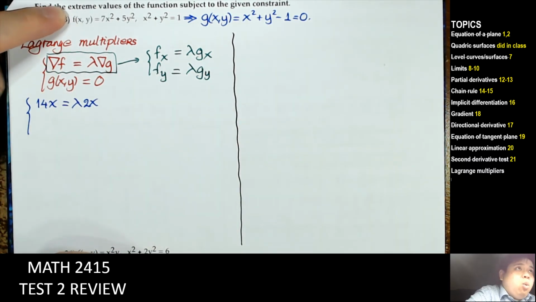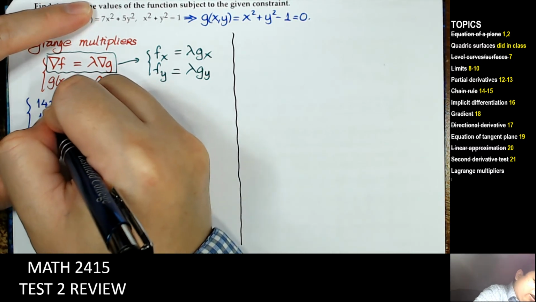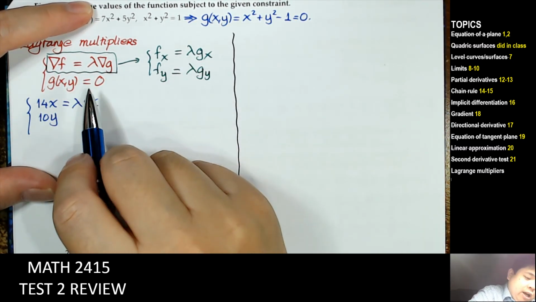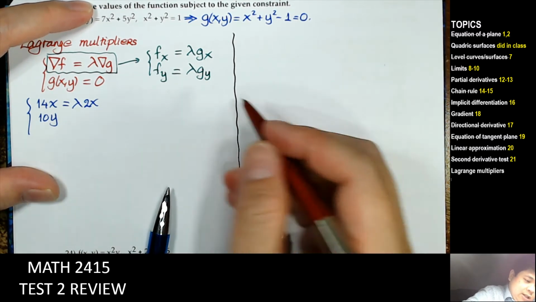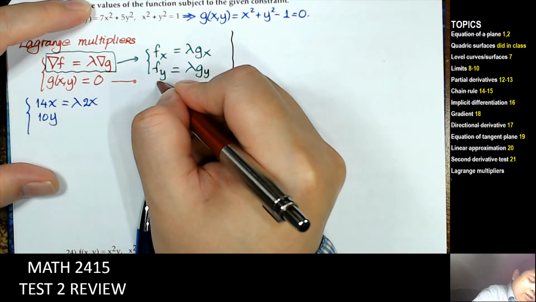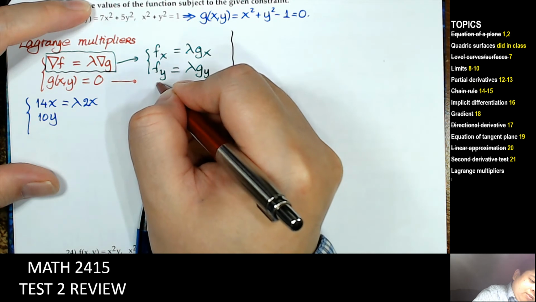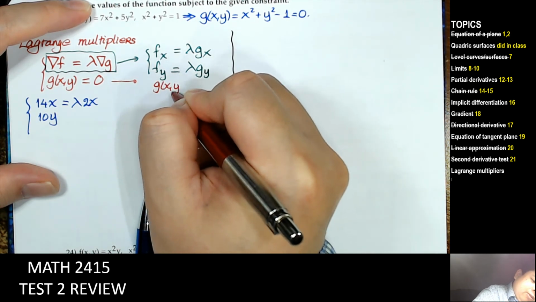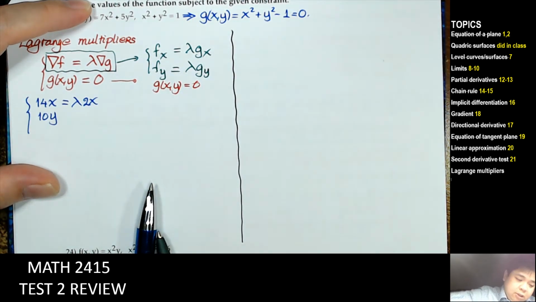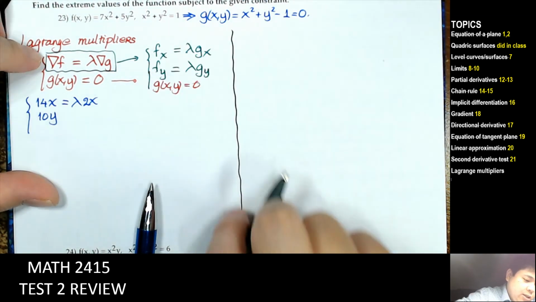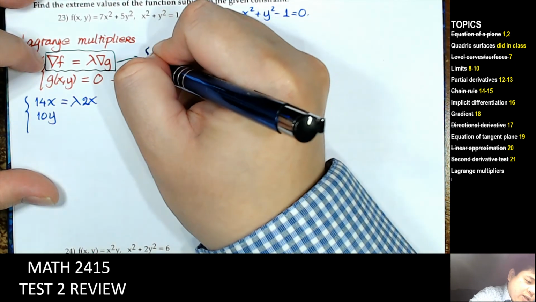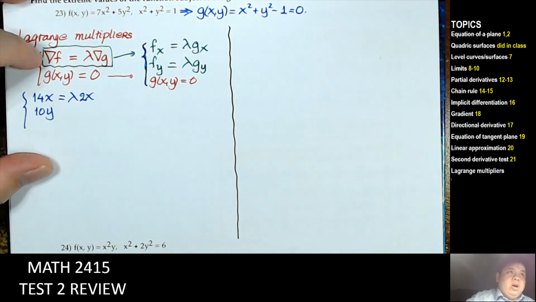The derivative of the function f with respect to y is 10y, equal to lambda times 2y. So we can write the system of three equations like this.